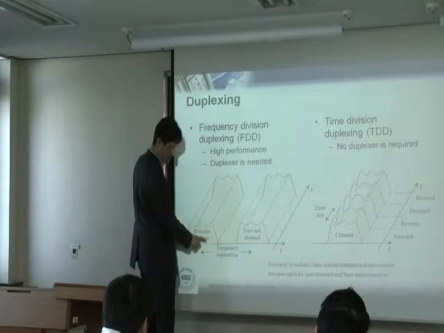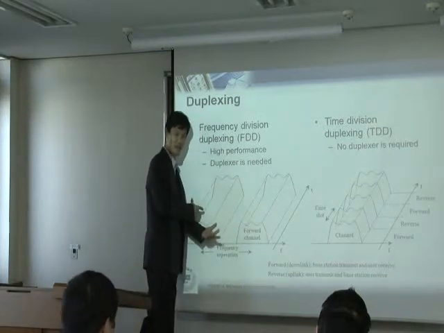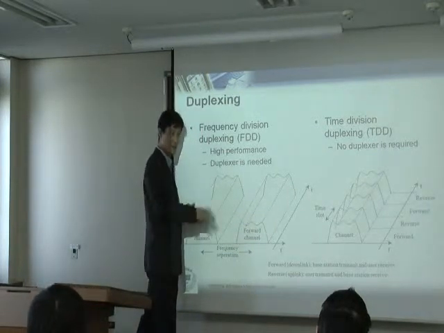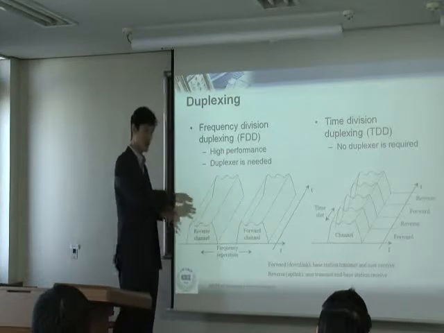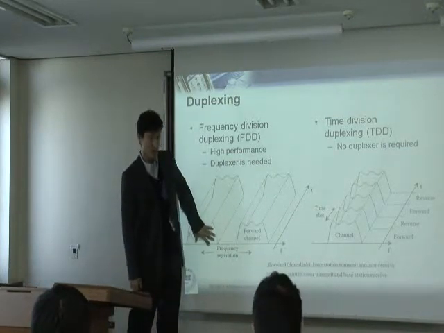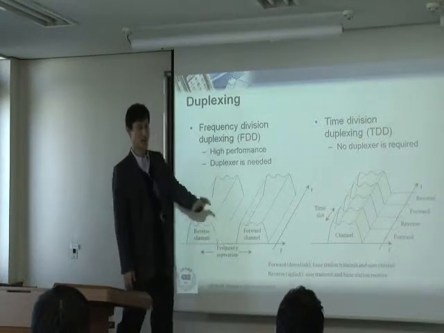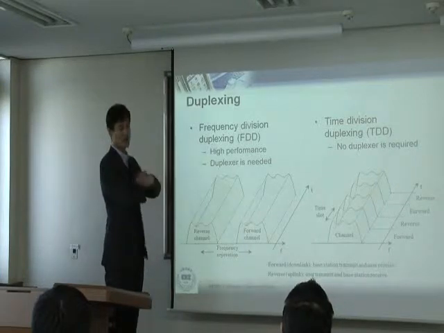In this case, I use the uplink with the low frequency and downlink with high frequency. But you can change it, no problem, right? As long as you want to separate them, I'm good. So you can reverse it. Then why do you want to make uplink have a low frequency, downlink a higher frequency? Why not the other? Anyone has an idea?